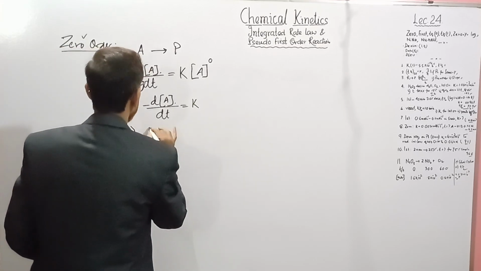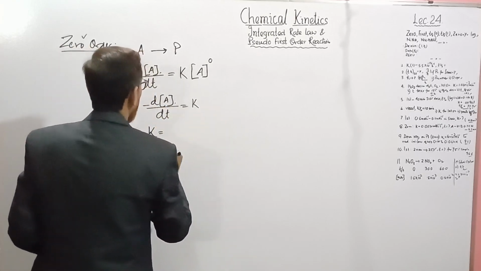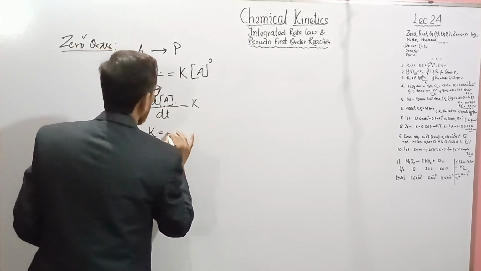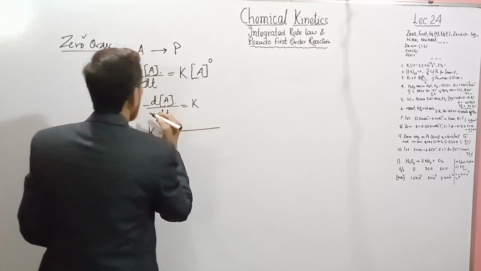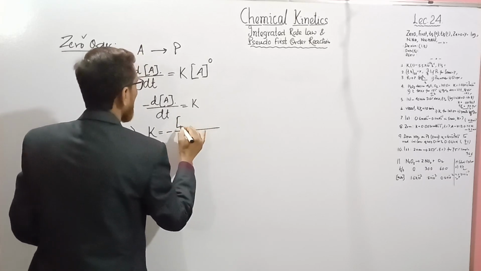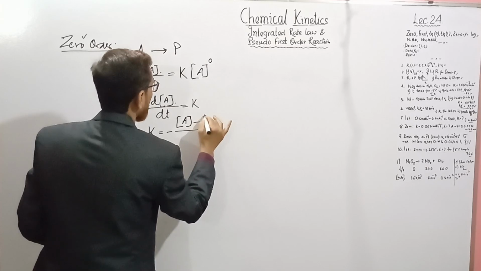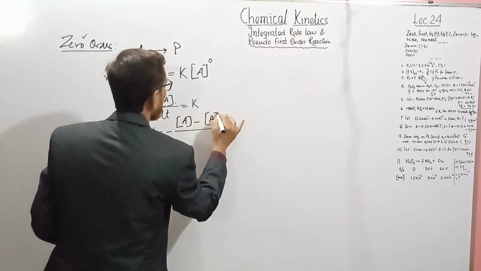So K is equal to, if you write it on the right side, the change of concentration divided by time, and that change of concentration is final minus initial concentration.